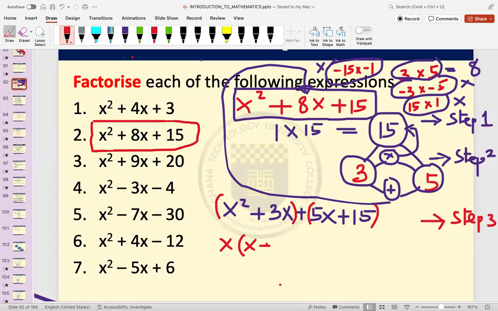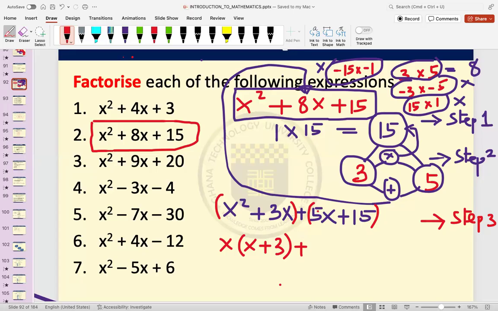You bring your positive sign. This 3x, the x has been taken out, so you are left with 3. You write your 3, and then you close your bracket. Then you turn your attention to the second bracket, and you bring your plus.